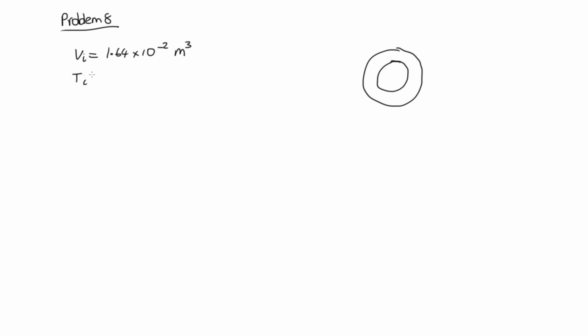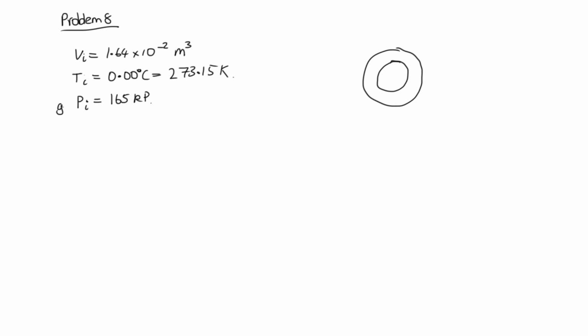The initial temperature is equal to 0 degrees C, which is equal to 273.15 kelvins, and the initial pressure, and this is the gauge pressure, is equal to 165 kilopascals.